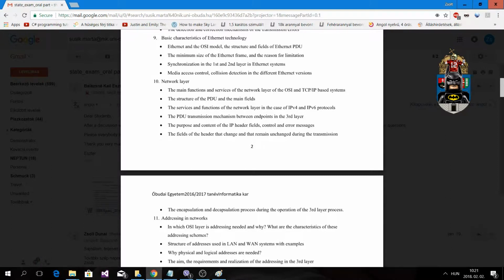We have public and private addresses, and imagine that there is a router that connects the inside network with the outside network. You have a private network on the inside, and you would like to send traffic to the outside network, and by default the traffic will be discarded on the router because it will realize that it has a private address and it will not forward it to the public internet, to the untrusted network.